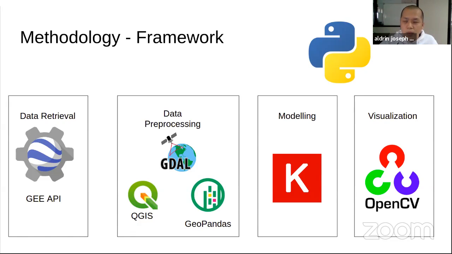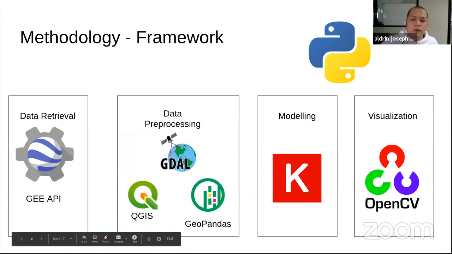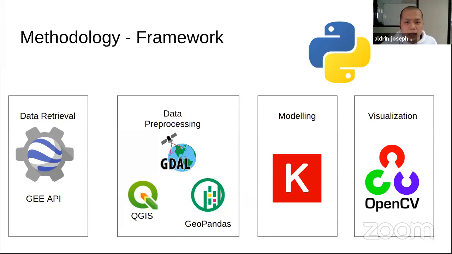Almost the whole project was done using Python, from data retrieval to visualization. Google Earth Engine has a cloud GIS API, but I used it to retrieve the data. Then pre-processing was done using GDAL, QGIS and GeoPandas for pixel alignment, resampling, the data selection, extraction.